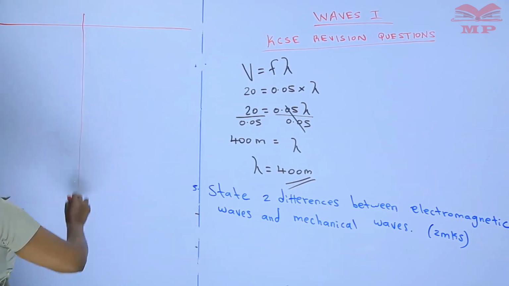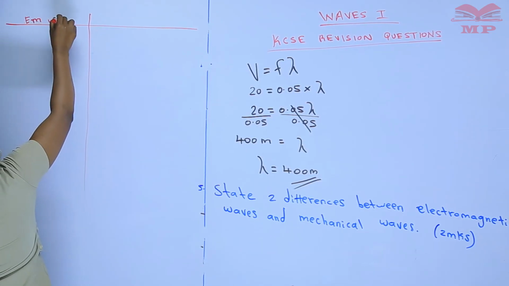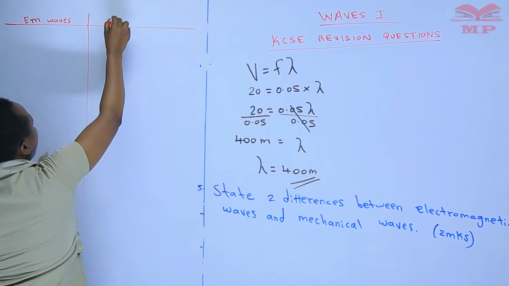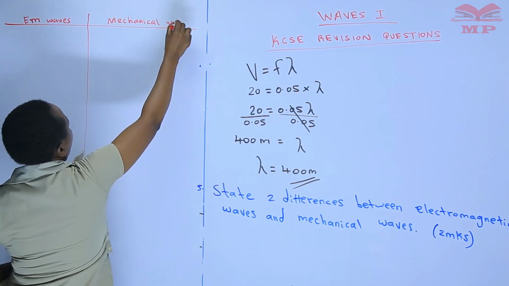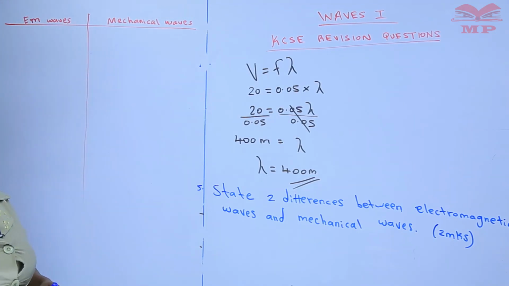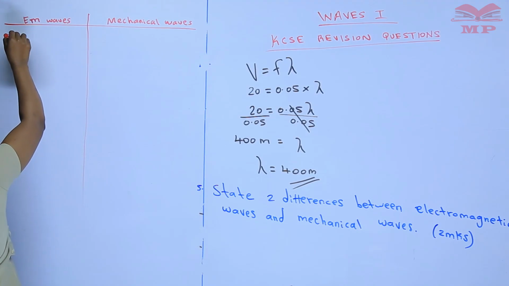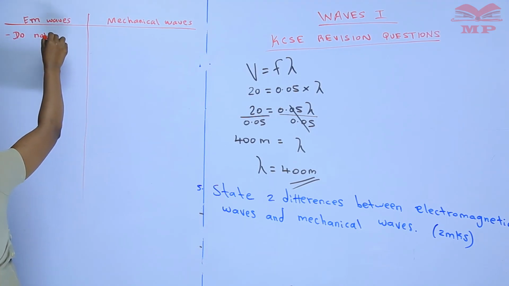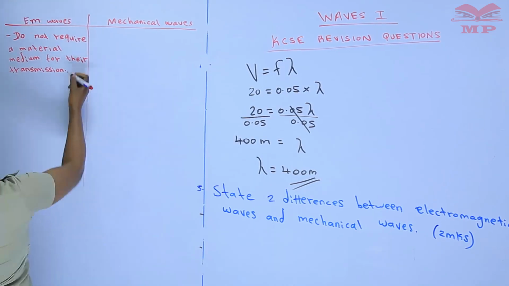So we have the electromagnetic waves and we have the mechanical waves. What did we say are electromagnetic waves? They are waves which do not require a material medium for their transmission. So we are going to say they do not require.